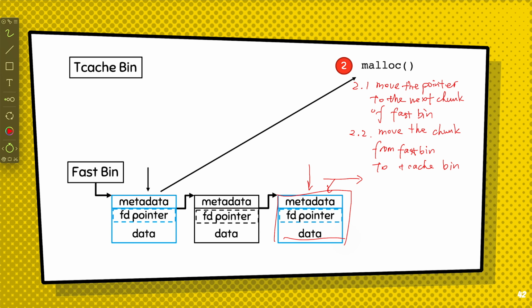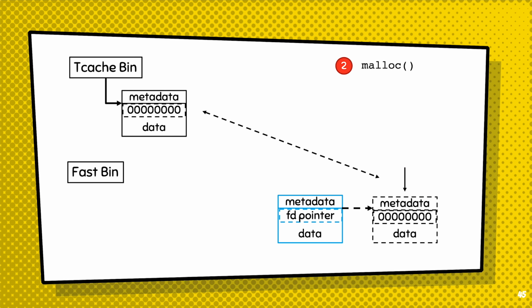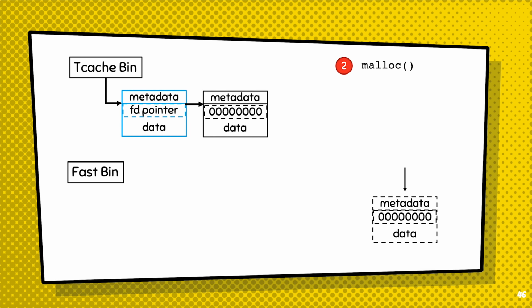Actually, the FD pointer inside the blue chunk will point to the black one. So glibc will consider that there is one more chunk, which I show here in dotted line, and then the cursor will move to that illusory one. And then we're going to move the blue one to the T-cache bin.